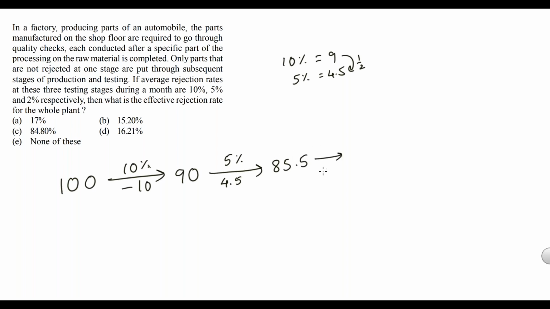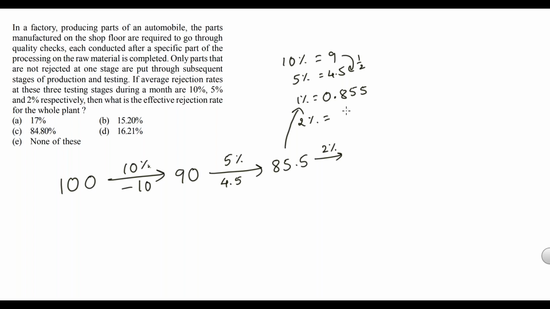Now in the third stage, they are rejecting 2%. What is 1% of 85.5? Yes, 0.855. If 1% is 0.855, then 2% should be double of this.